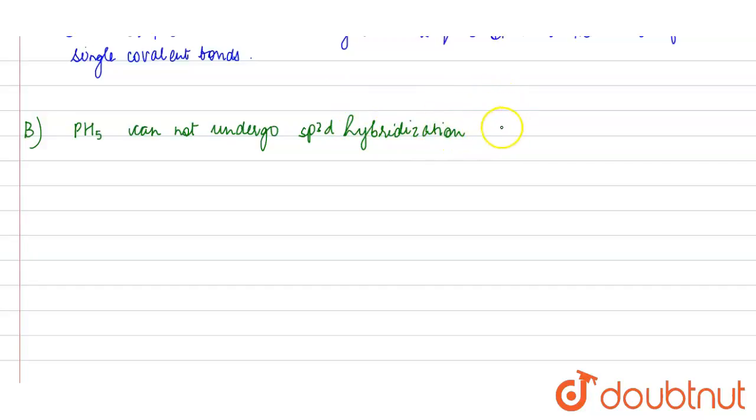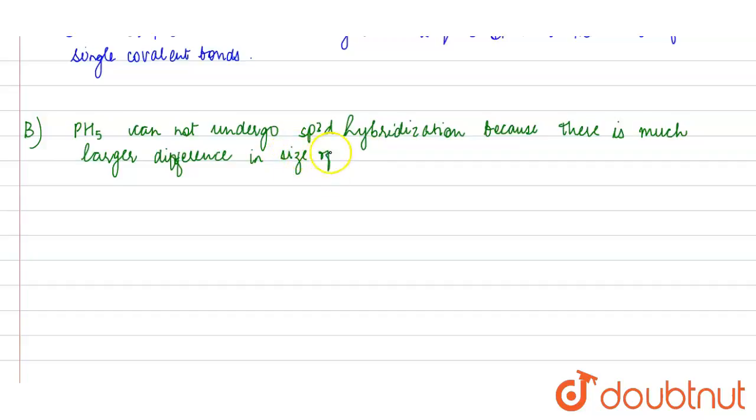Why can it not undergo sp3d hybridization? Because there is a much larger difference in size of sp and d orbitals.